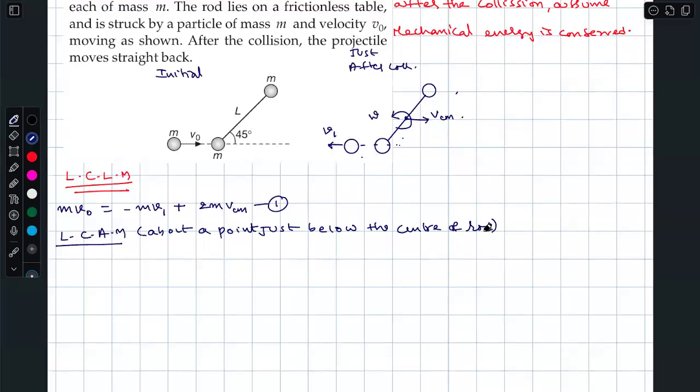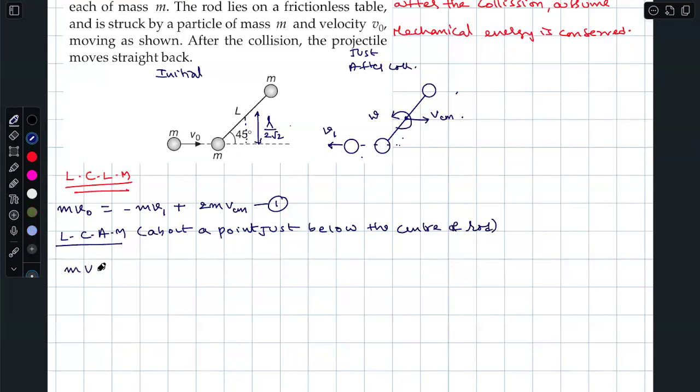Initially this is at a distance L by 2 root 2. This is L by 2, this is L by 2 root 2.